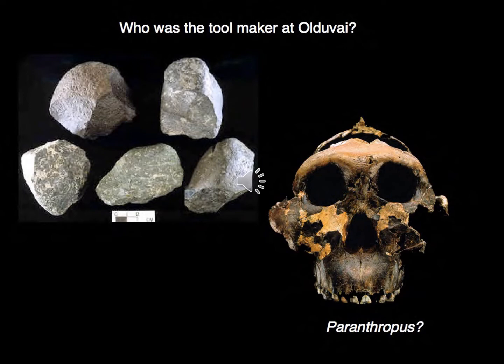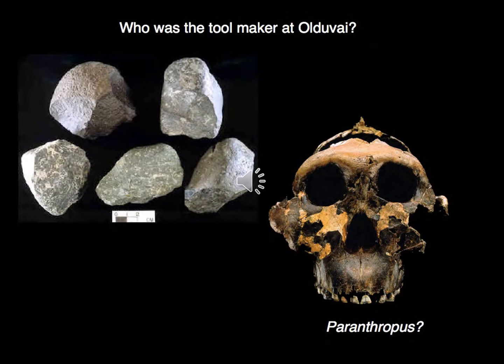So they kept searching, and eventually they did find some of the material that they called Homo habilis. But if you look at the sequence of events at the Olduvai Gorge, and we'll talk more about these tools in the next lecture video, more specifically.